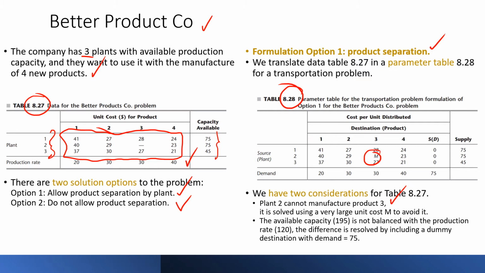The other one is that the available capacity is not balanced with the production. So in order to make this balance come, we include a dummy destination equals 75. That way, we're going to have 195 supply and 195 demand.